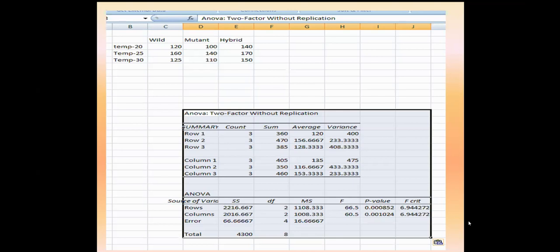Wild type, mutant and hybrids have significantly varying numbers of eggs. So you find that both factors influence the egg laying, or number of eggs laid, meaning this particular aspect is affected by both the types of stock as well as the temperature.